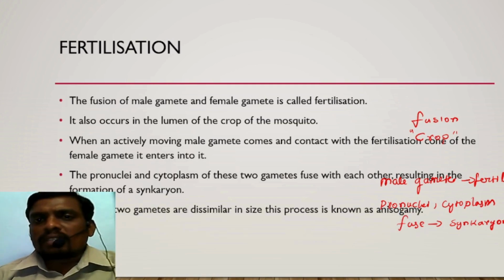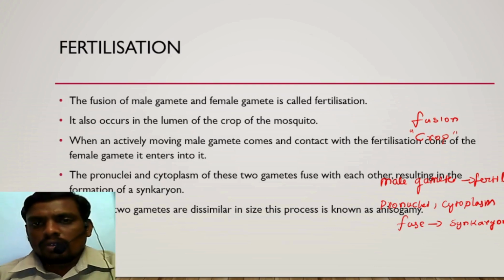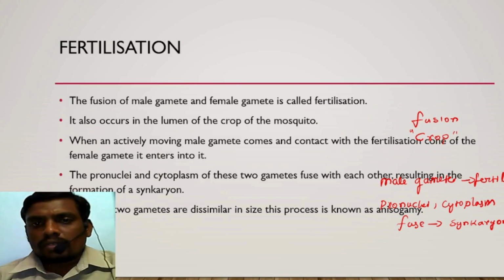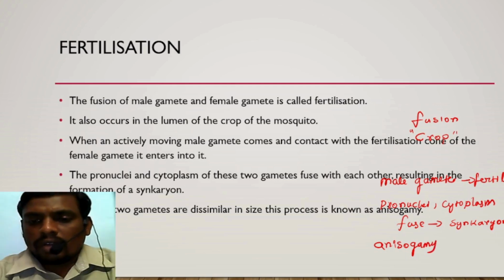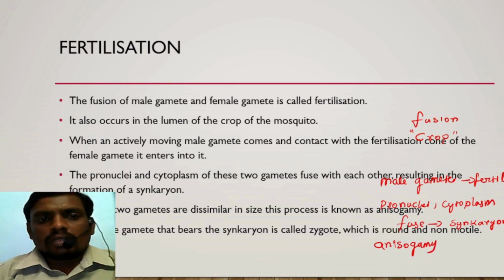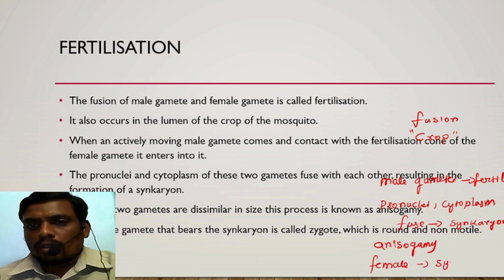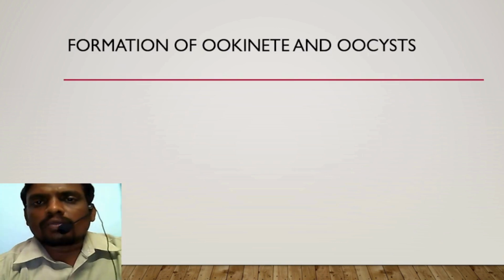Since the two gametes are dissimilar in size, fusion of two dissimilar gametes is called anisogamy. Now the female gamete bears the synkaryon, and from that zygote come the ookinete and oocyst.